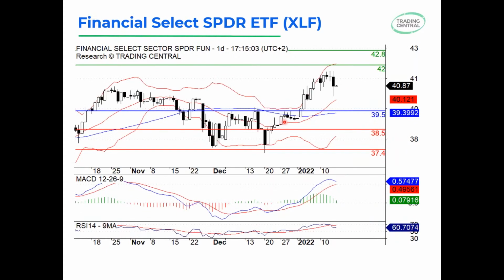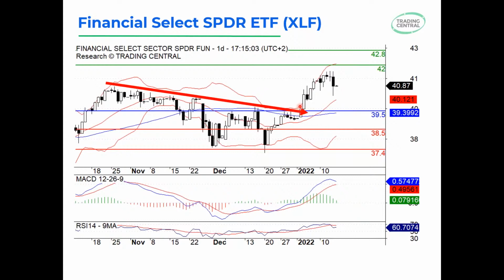Now, another bullish sector I'm going to talk about is the XLF. Okay, financial, just like the energy sector. This financial sector ETF contains most major big banks in the US, JP Morgan, Goldman Sachs, something like this. You can see that the pattern is about the same as the energy sector.